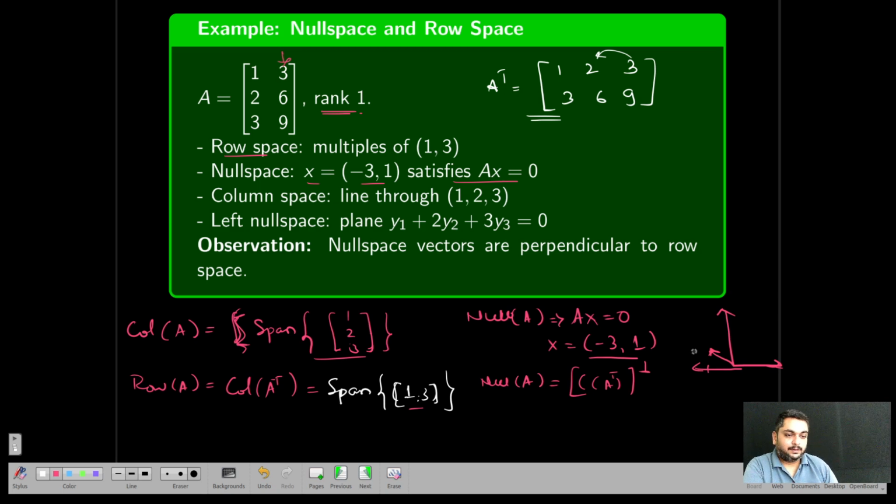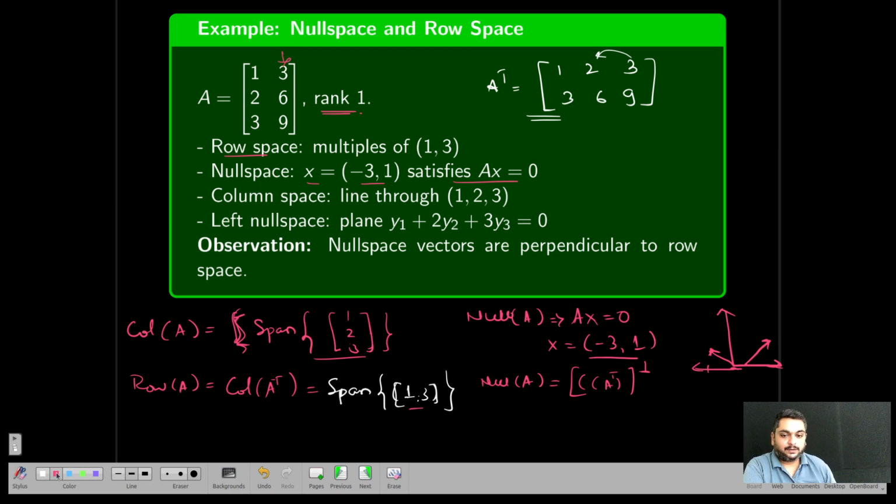Okay. Now, what is this column of A transpose? That is 1 and 3. So x is 1, y is 3.